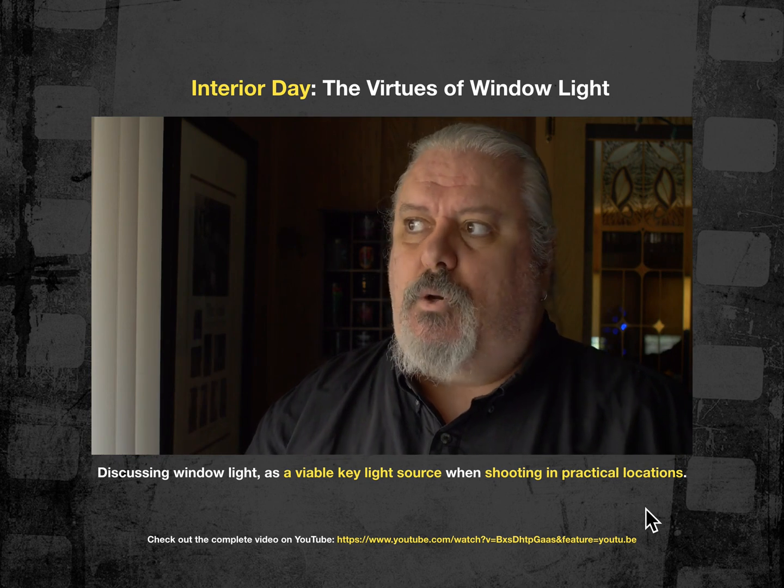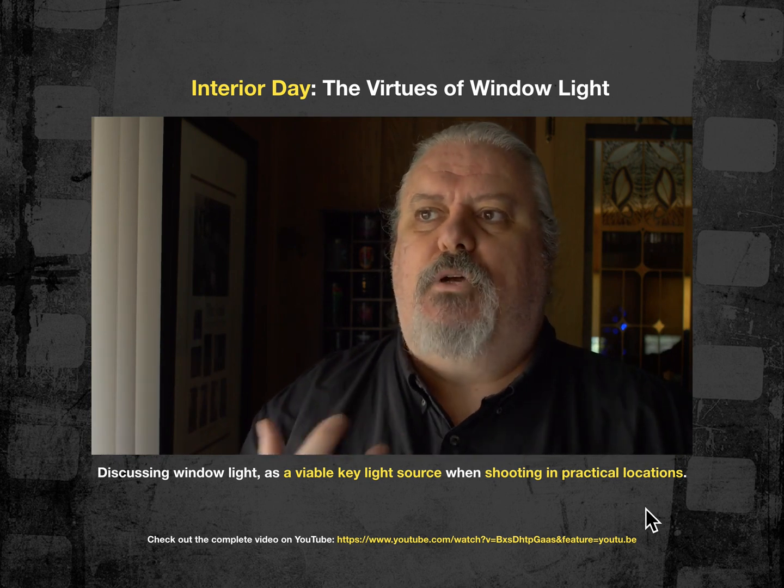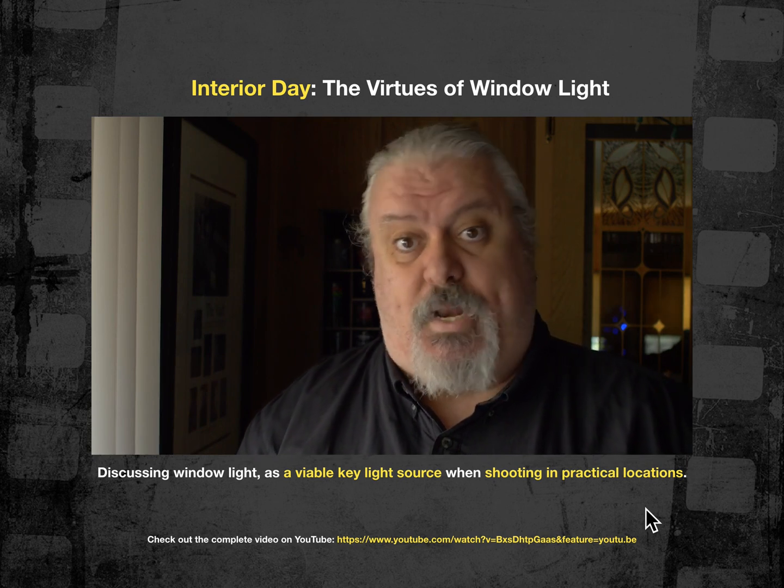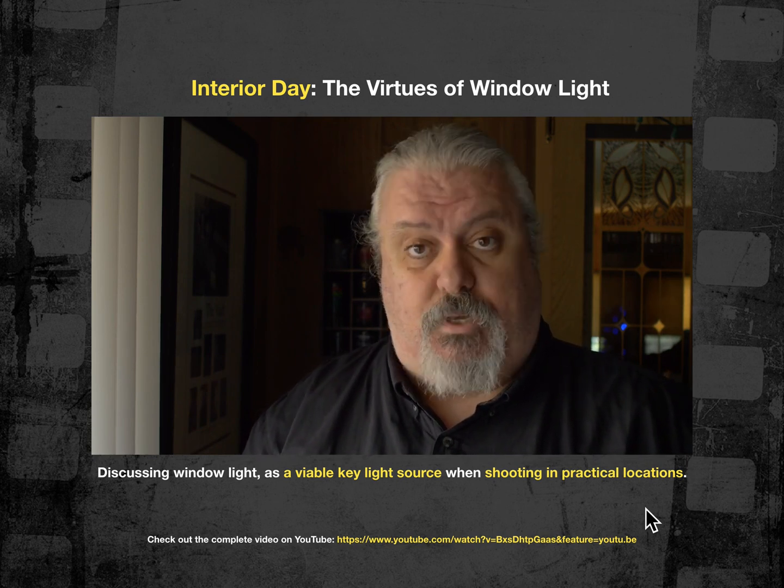So I think the first thing that I would look for if I was going to shoot on location would be some wonderful window light opportunities for these particular reasons.